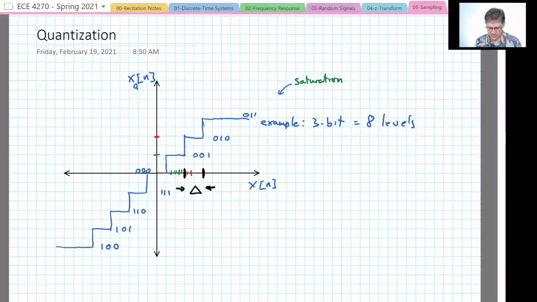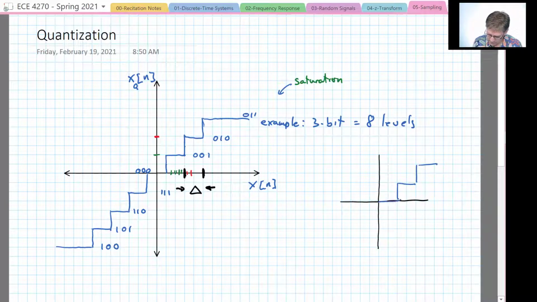Notice that I have centered our quantization levels around 0. There's one other way of doing this, and sometimes this is a little bit easier. Easier doesn't usually mean better. You might see quantization levels that look like this.